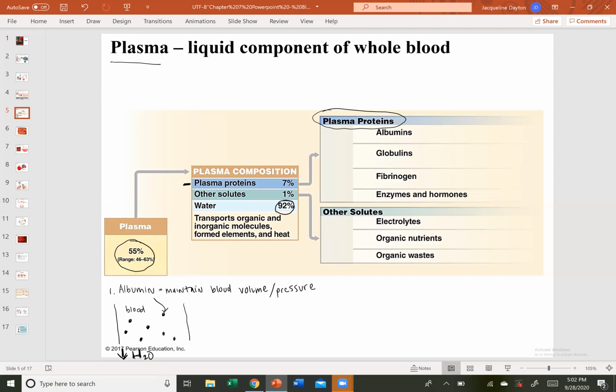If we lose blood volume, we are losing water, okay? Any water that is present inside of the tissue will then follow its own concentration gradient and go from the tissue into the blood, okay? This is called an osmotic gradient.